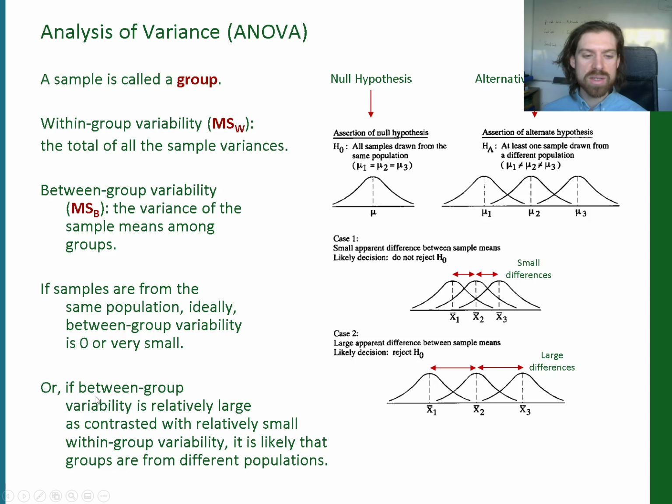In contrast, if we thought that the samples came from at least two different populations, then we would expect the between group variability to be significantly larger. I've stated that logic for these tests qualitatively a couple of times, so what does that mean in reality? Imagine we have the null hypothesis here.